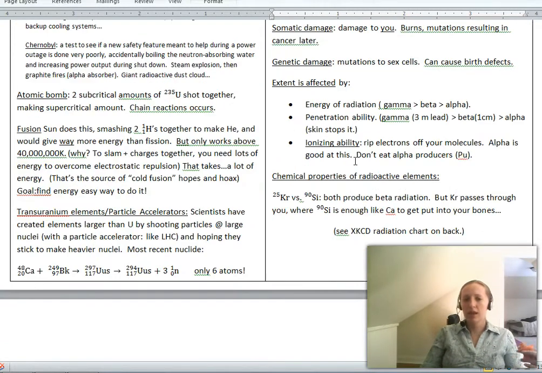And then the other thing that you worry about with radiation is ionizing ability, which is the ability of this radiation to rip the electrons off of your molecules, like your proteins and your DNA and stuff. And if you think about it, alpha radiation is a helium nucleus.